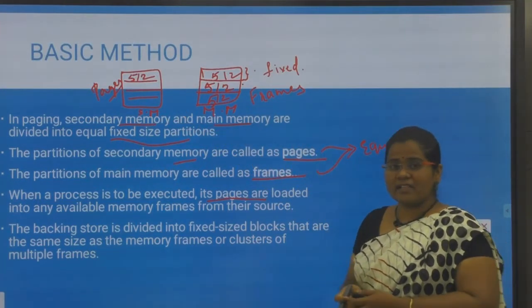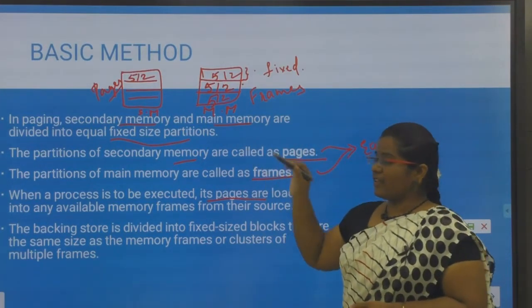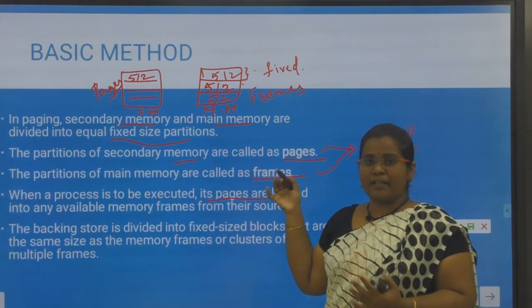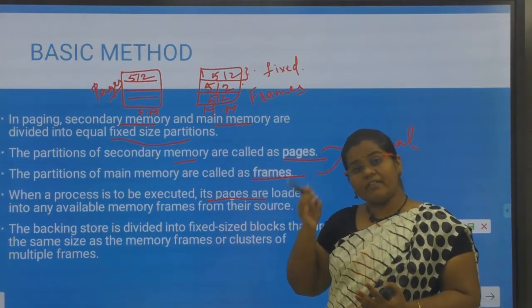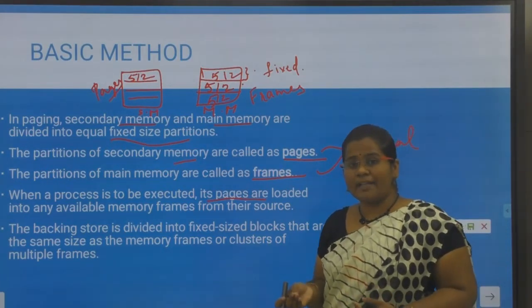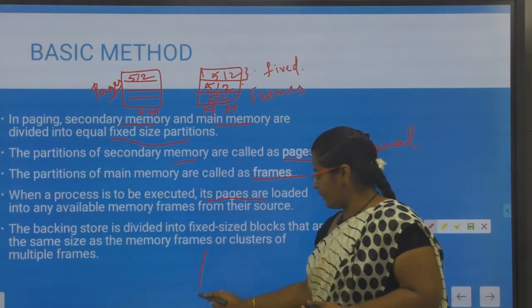So why do we get external fragmentation? External fragmentation means you will have enough size but you cannot accommodate the process. Take an example here.